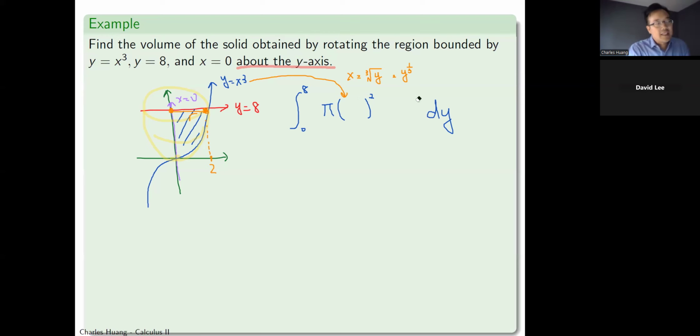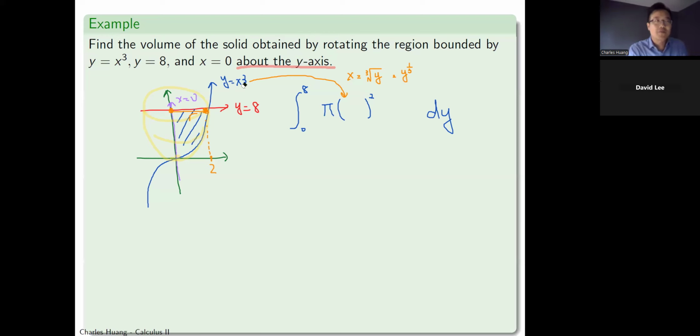Another way to think about it is because I'm doing dy, I need to have the variable represented in terms of y. So I'm going to represent my x value in terms of y. But that's not a good way to think about it. You should look at your graph and realize that your radius is the horizontal distance, the distance in x between x equal to 0 and my blue line.